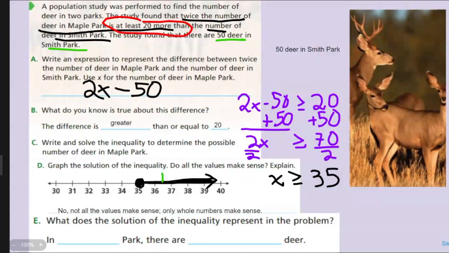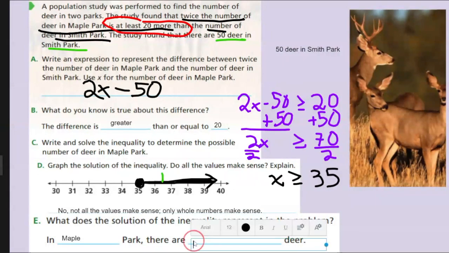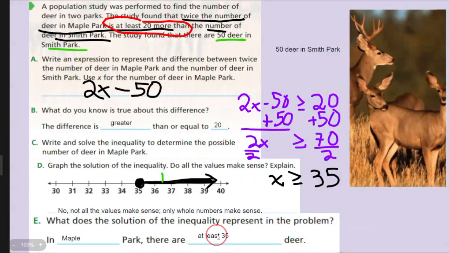Okay, so what this means is that in Maple Park there are at least 35 deer. Okay? There are at least 35 deer, and so we applied what we know about inequalities in a real-world scenario.